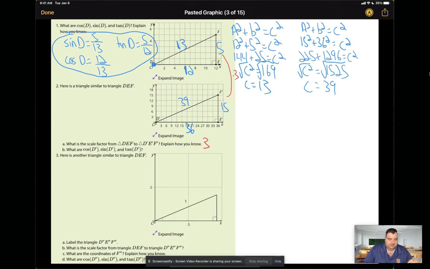And then to figure out cosine of d prime, that's going to be this one right here. That's going to be adjacent over hypotenuse. In this case, that will be 36 over 39.